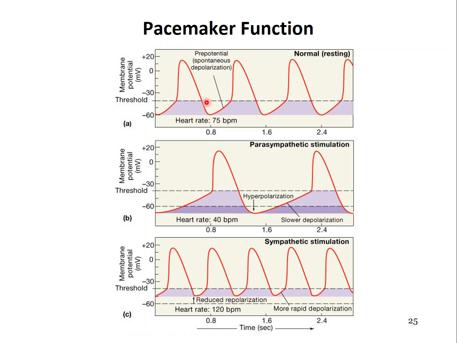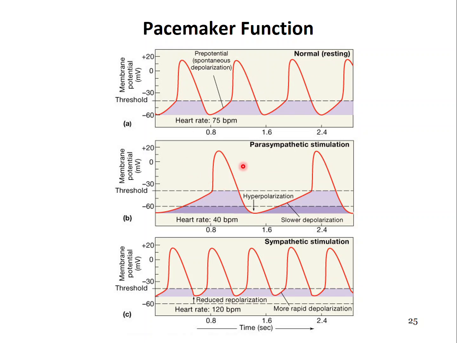So look here, this is the normal heart rate, where we have an increase in membrane potential, then a decrease in membrane potential, and so on, as we said before in the slow action potential. So it is the normal function of the heart at rest.